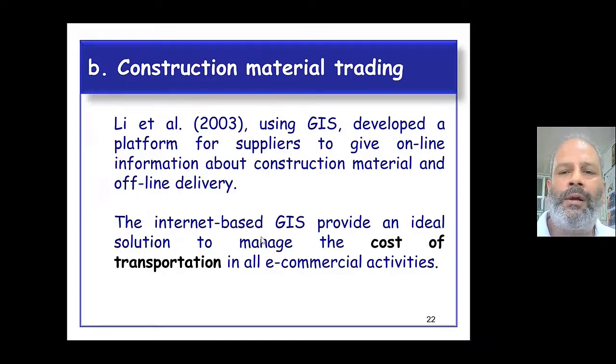When it is through the web, GIS plays a major role, because material can be ordered online, but handling or transportation of that material is offline. So the transportation of material to a particular site in that topography plays a major role. So here internet-based GIS provides an ideal solution to manage the cost of transportation of construction materials.